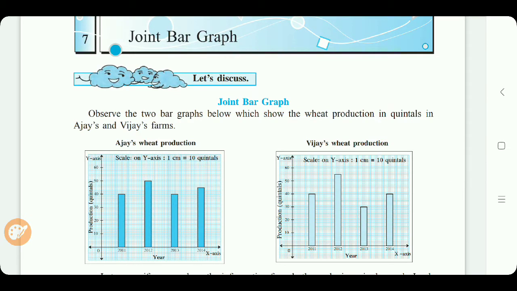Okay, if I ask one question to you that in year 2014 who produced more wheat, then what is the answer? Who produced more wheat in 2014? Then for the answer what will you do?